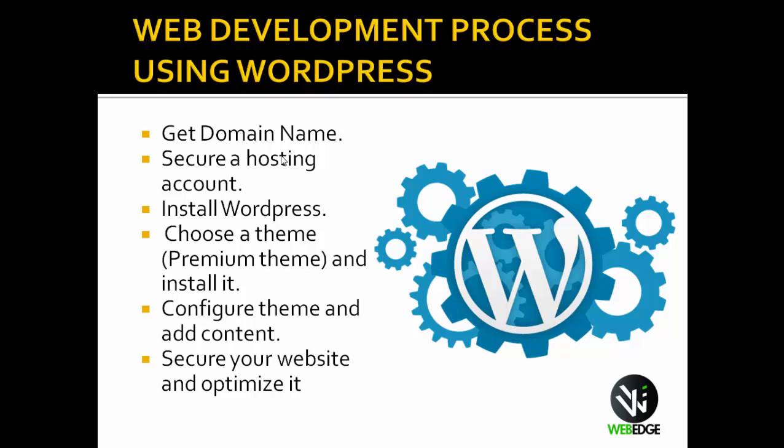Now, the next step is to configure your theme. Configuring your theme means that you put together every necessary option that needs to be put together to ensure your theme gives you the look and feature that you desire. I will be showing you how to do that as well. Then the next thing you do is to add your content. You configure your theme and add your content almost at the same time.